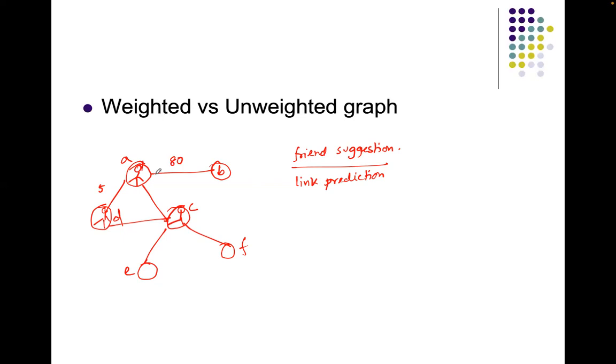Obviously, in this graph, A and B are friends and they have 80 mutual friends, so it is saying that they have a strong friendship. Maybe they are connected through a college circle, or maybe they are from the same family, school, or college.